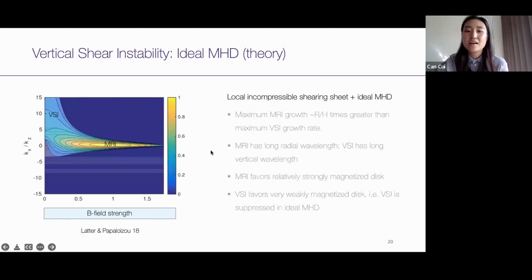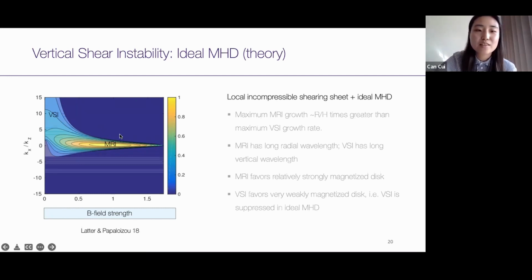Okay, so those simulations I showed are hydrodynamic simulations, but in realistic protoplanetary disks, the disk is threaded by a large-scale magnetic field. So we want to know the VSI behavior in the ideal MHD regime. Lesur did a local incompressible shearing sheet linear analysis in the ideal MHD model.